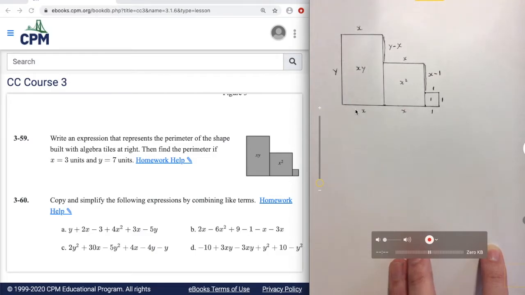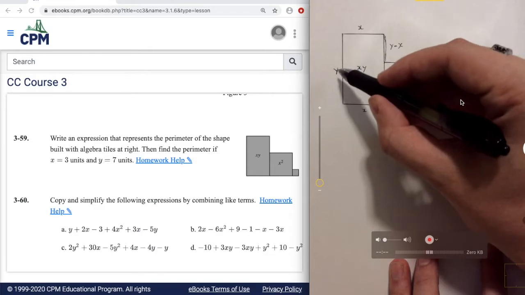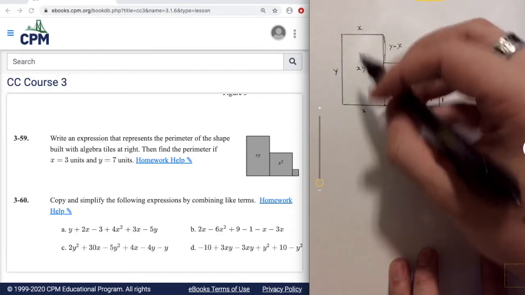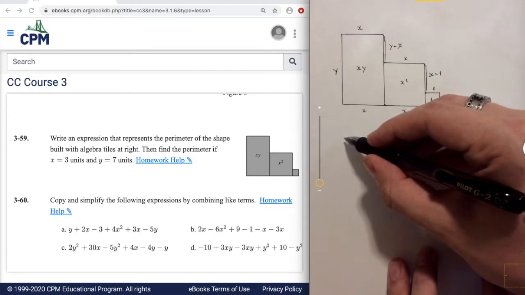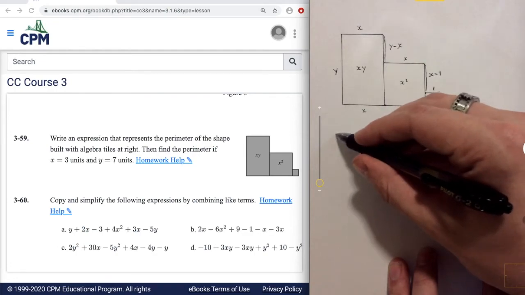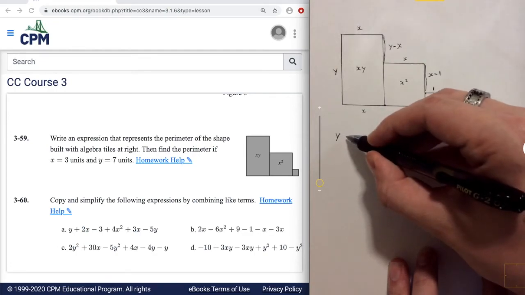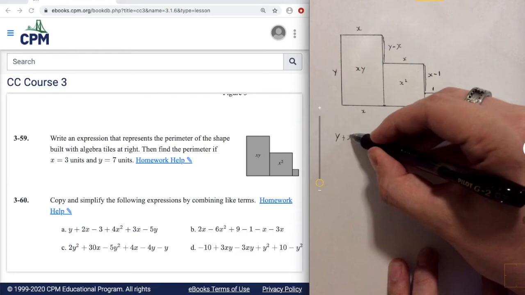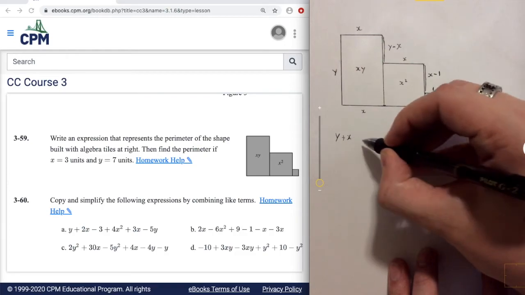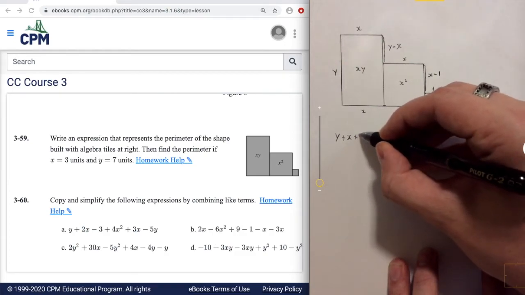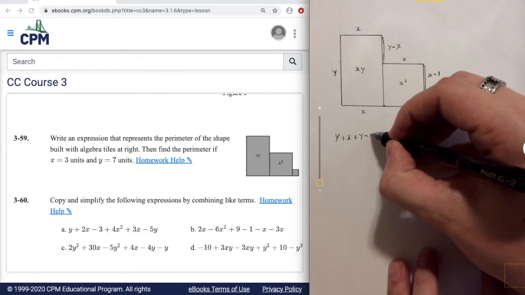To find the perimeter of the shape, we just have to add all these lengths up. The idea is just starting here and working our way around the shape. So we'll have y plus x plus y minus x.